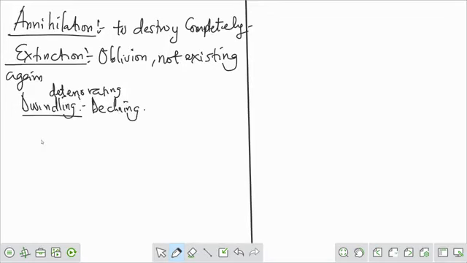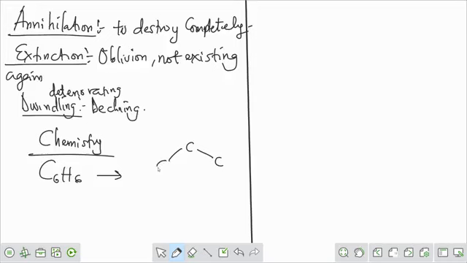Let's go back to chemistry. So I told you benzene is C6H6, right? That this is a compound. So you should be able to draw the compound now. This is the whole structure.